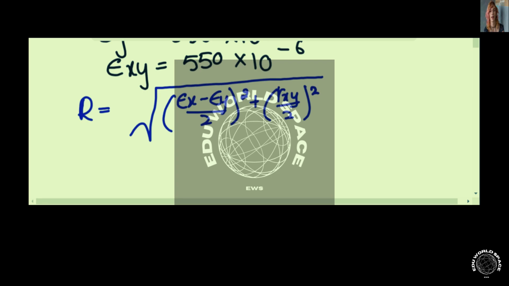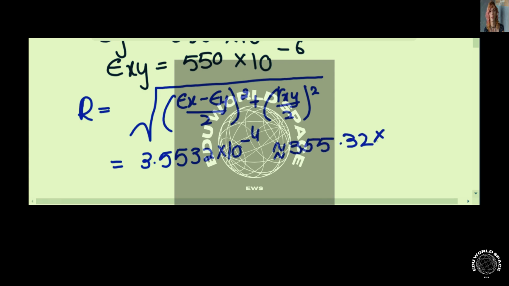Again, you have the values, you just need to plug them in. So you plug them in and you calculate that it is equal to 3.5532 into 10 raised to power negative 4, and that is approximately equal to 355.32 into 10 raised to power negative 6.